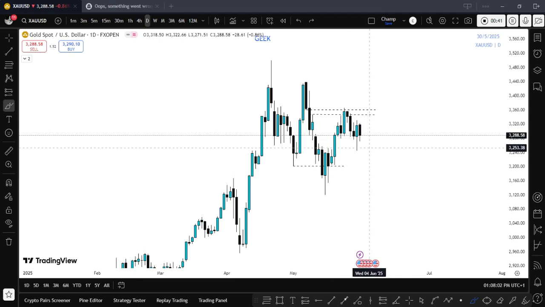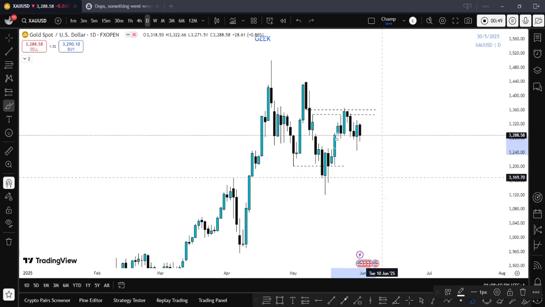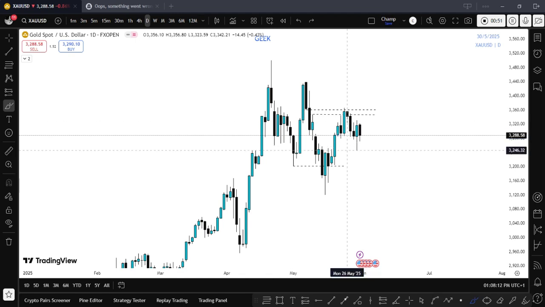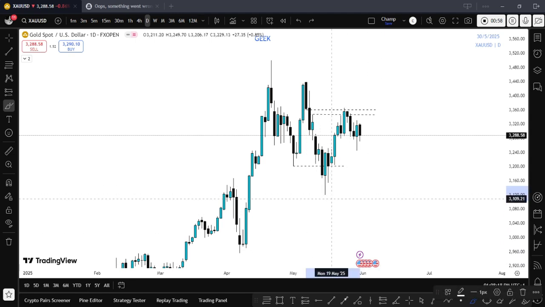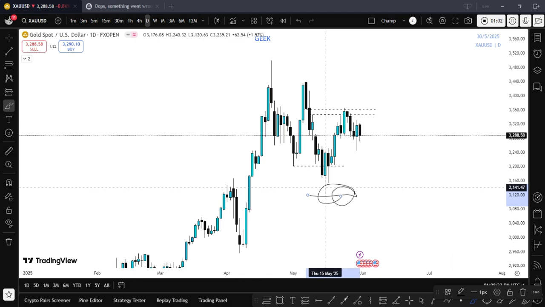Before I want to have any anticipation, I will also have to look at the fact that price is at equilibrium and anything could happen. But I have my money on price going for sell side liquidity at these lows right here. And why am I choosing these lows here? Because this is the last low from this range.